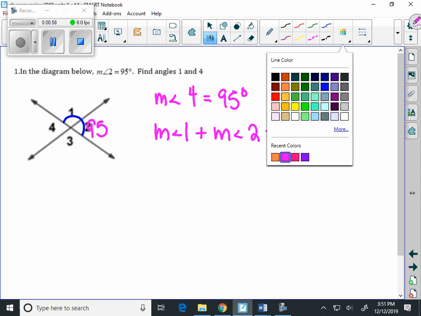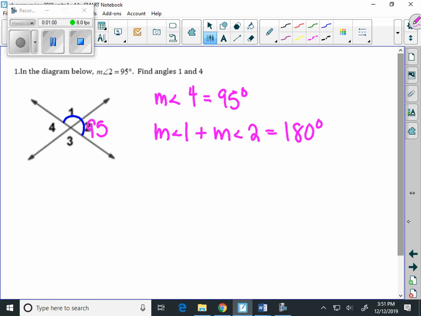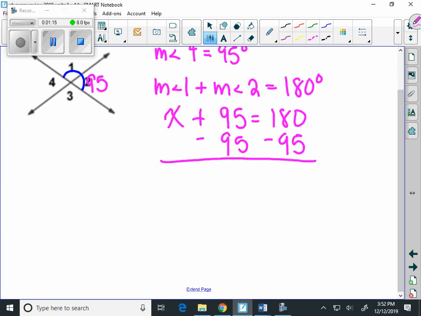So instead of calling it the measure of angle 1, I'm going to call it x. We know that the measure of angle 2 is 95, and x plus 95 equals 180. So we're going to subtract 95 from both sides. We end up with x equals 85 degrees, and that's our measure of angle 1.